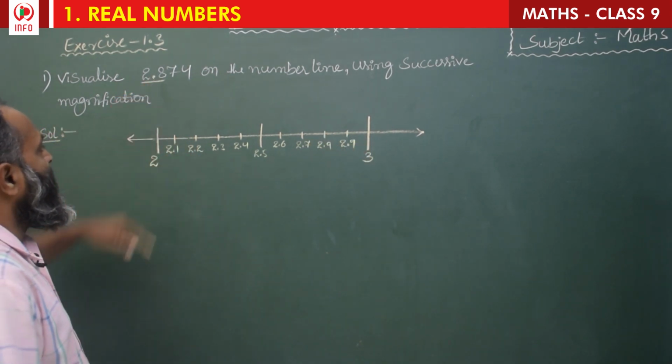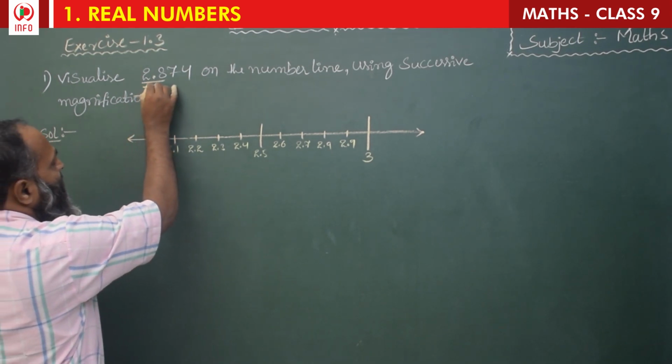So here 2.8, till 2.8 is over, now 2.87.